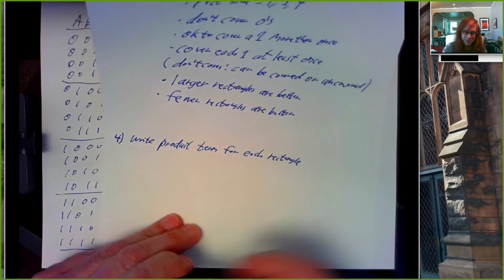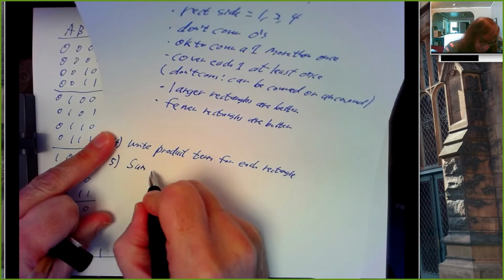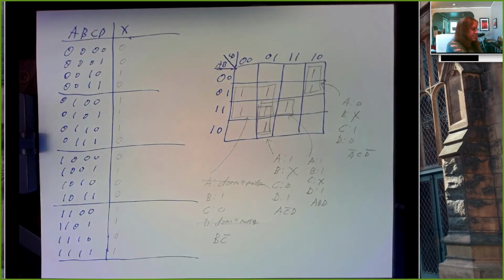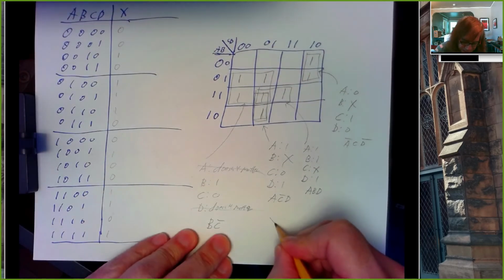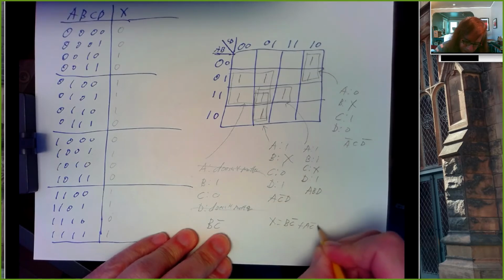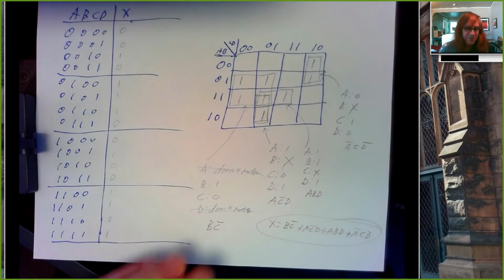And then once you've got those product terms, just sum those. And that'll give you your final expression. So in this case, X would be BC bar, or AC bar D, or ABD, or A bar CD bar. There's your final answer.